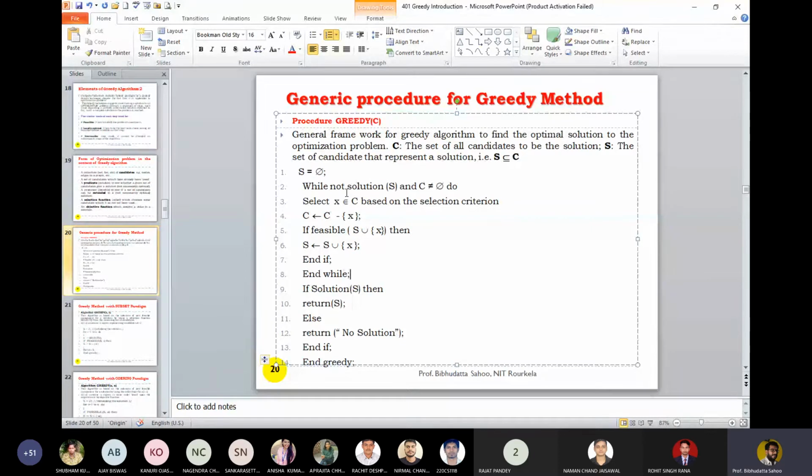Now this is the crucial part. Here I'll explain why I call the randomized algorithm also a greedy algorithm. You see here the simple function select is there, but nowhere is it mentioned how the selection has to be done. If you do the selection using a simple probabilistic method, it will be a randomized algorithm.